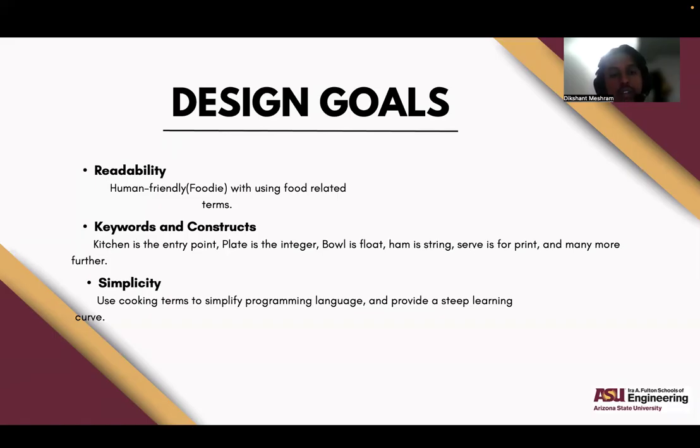If a user wants to feel like creating food, it starts with going to a kitchen, which is the entry point of our program, and uses plate and bowl for integer or float, and ham for strings, and serve as a print option. Many more are explained in the further slides. The last point is simplicity. We tried using simple terms to provide a gentle learning curve throughout our presentation.